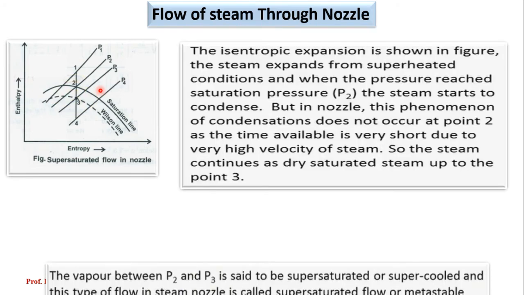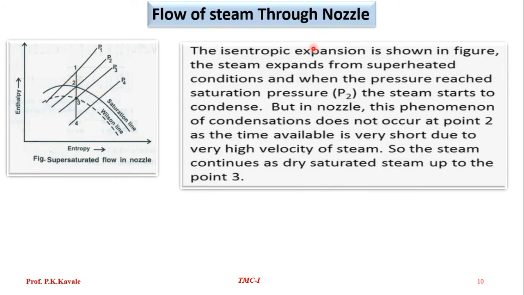So what is exactly happening? In the isentropic expansion, the steam expands from the superheated condition, and when the pressure reaches the saturation pressure P2, theoretically below P2 there should be wet steam, with the quality of steam decreasing as the flow moves ahead.